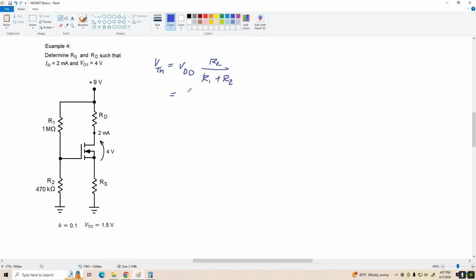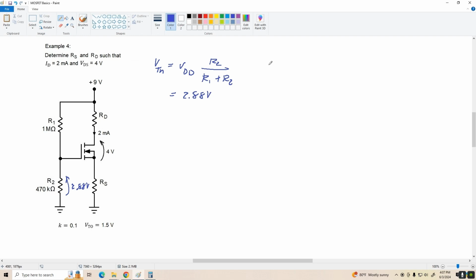So our VTH is about 2.88 volts. I'm going to write that over here, 2.88 volts.